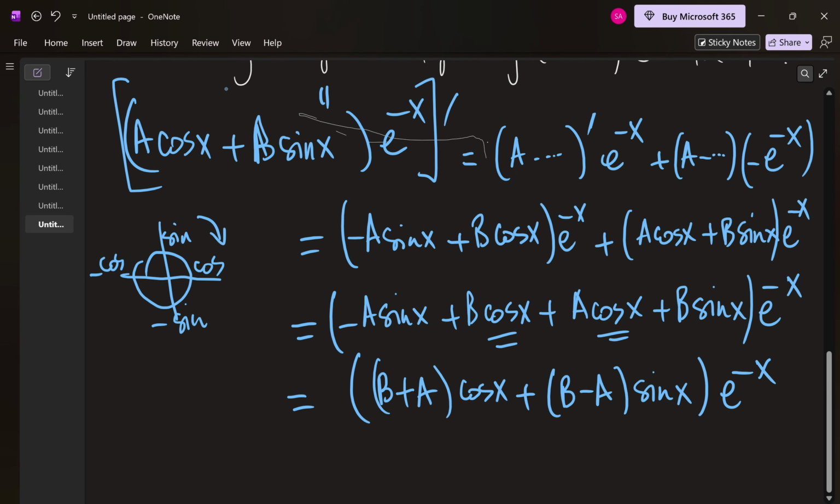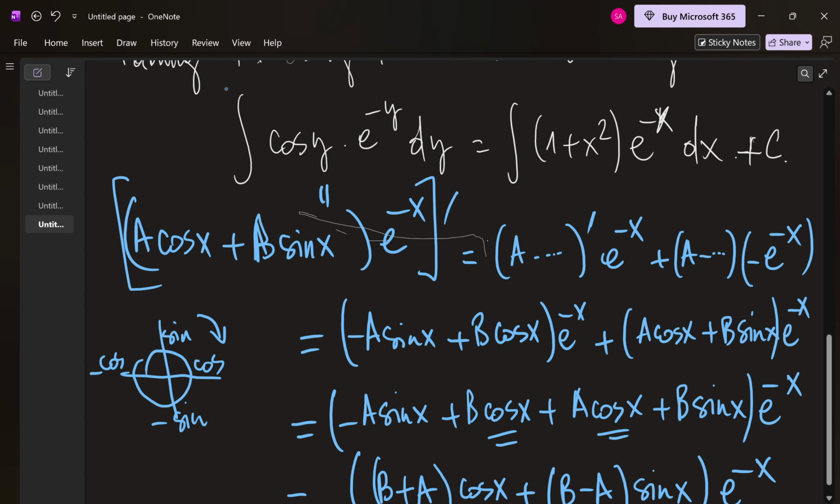So if we take the integral of this guy, now I want to compute the integral of this guy. Here I made a mistake. Instead of writing y, I wrote x, but it is okay. We will simply substitute y instead of x.